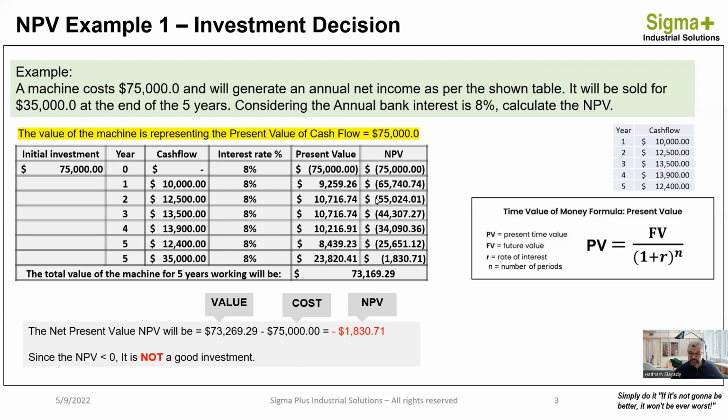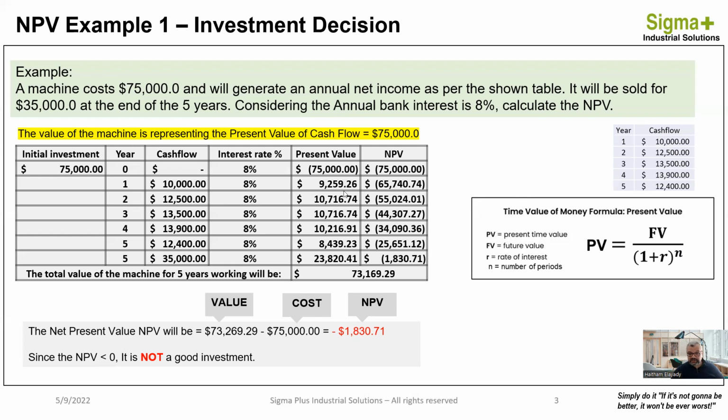How did I calculate that? I divide 12,500 by 1 plus the interest rate to the power of 2. And why 2? Because it is the second year. I will repeat that for the rest of the positive cash flows, changing the number of years as n changes from 1 to 5.